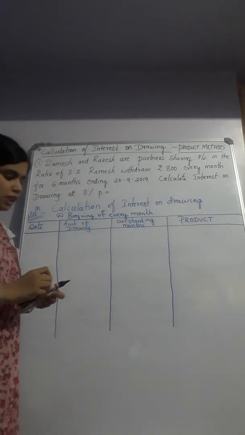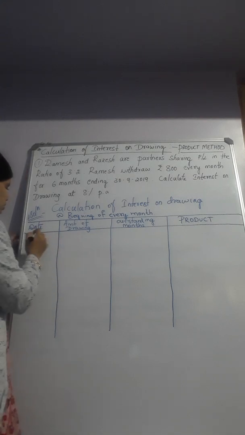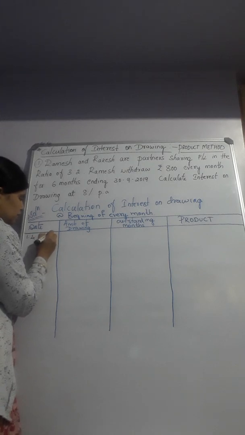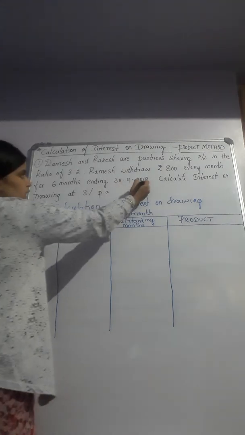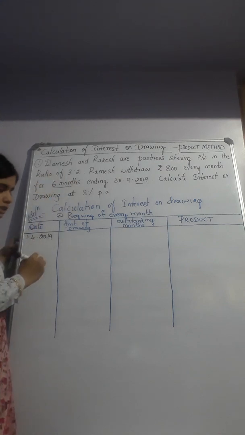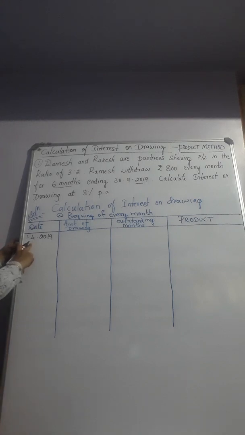So what is the financial year? 1/4/2019. For 2019 he is withdrawing, right? For up to how many months? 6 months. So starting from April, that should be considered.